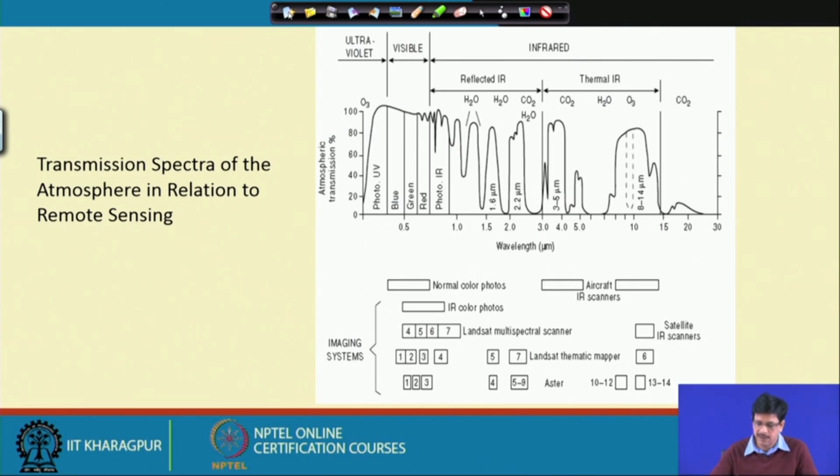Even without the major absorption peaks for water and carbon dioxide, some amount of attenuation will always be done by the atmosphere, and what the satellite receives will need necessary corrections for all these atmospheric effects, and then the data could be analyzed in terms of the presence of the earth objects.